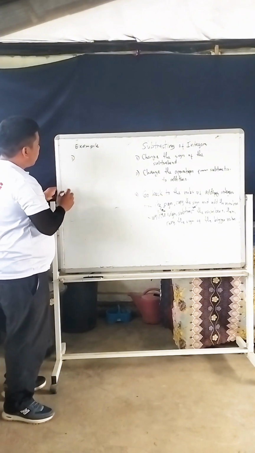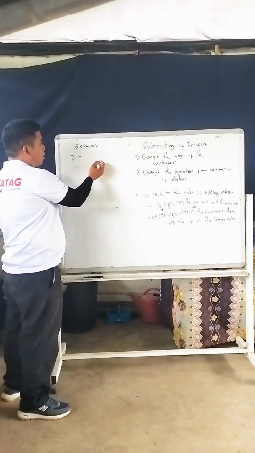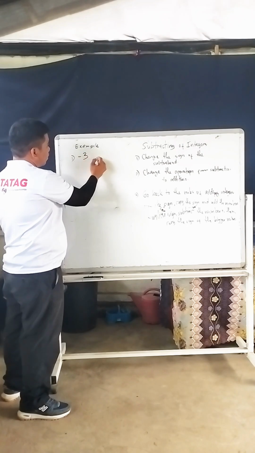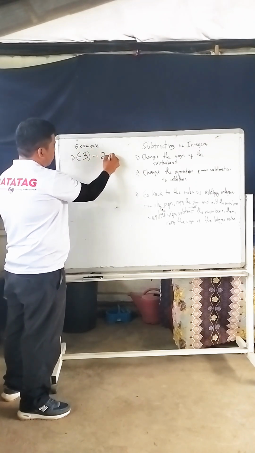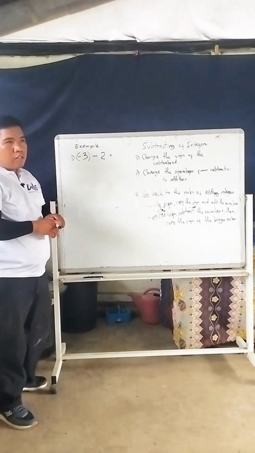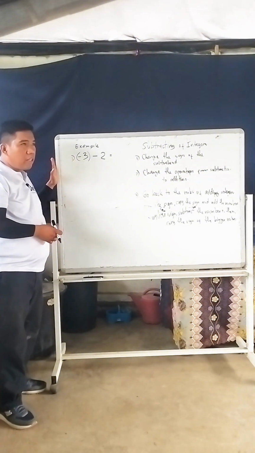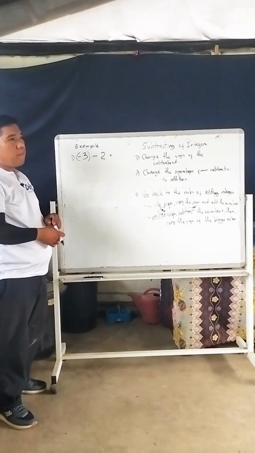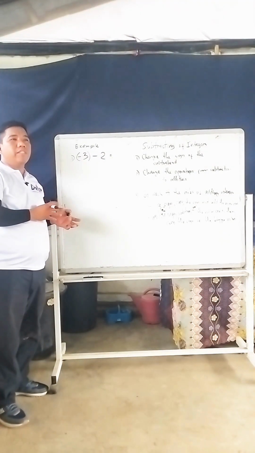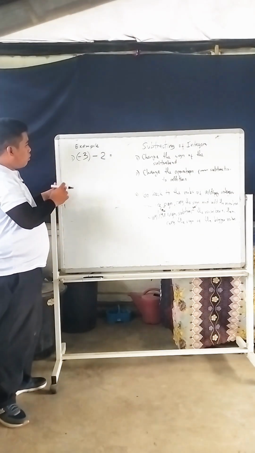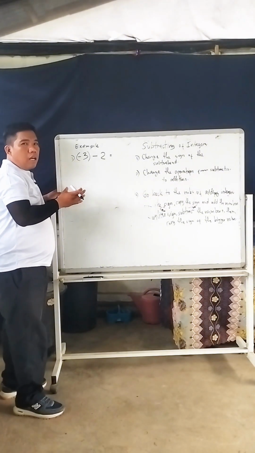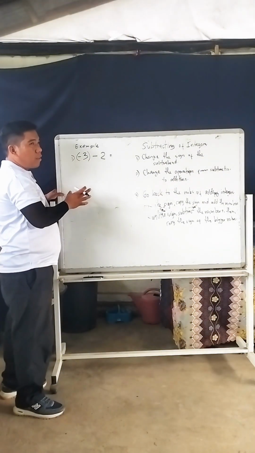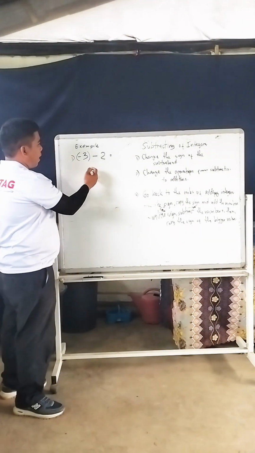Example number 1. So let's have the negative 3 minus positive 2. Okay? So we have negative 3 minus 2. To answer this one for the beginner, we need to follow this certain procedure or pattern.